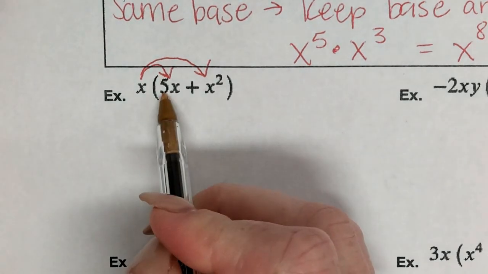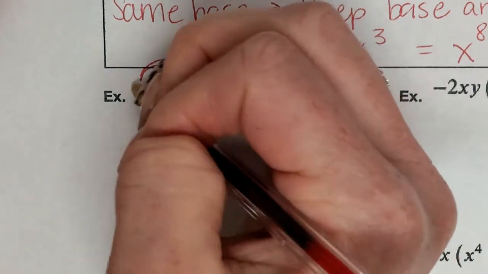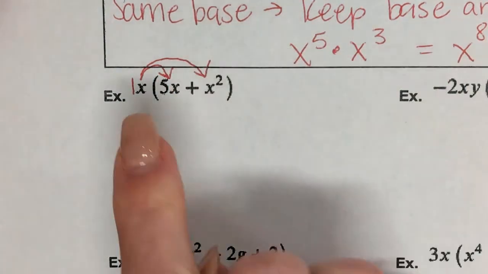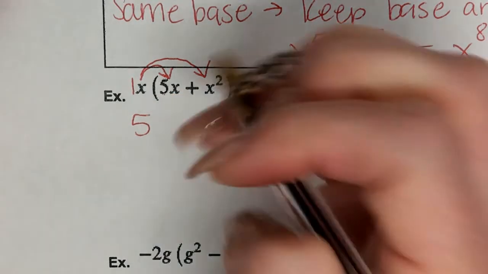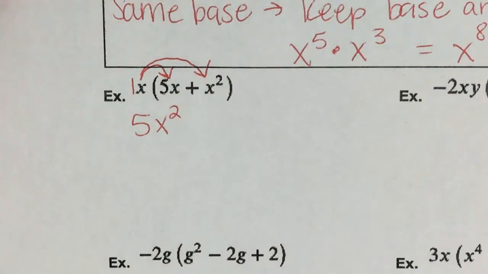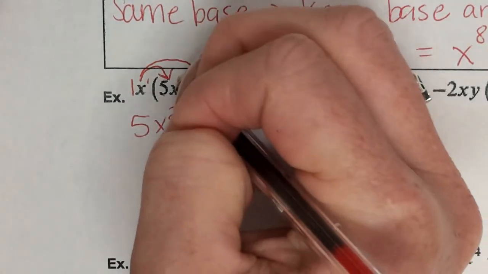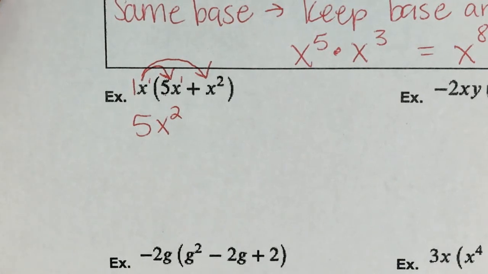This base is 5, so what's my base going to stay? Because 5 times 1 is 5. But what is x times x? X squared. So what did I really do with those exponents? Because this had an exponent of 1 and this one had an exponent of 1. Make sense? And I just added those together to get x to the 2nd power.